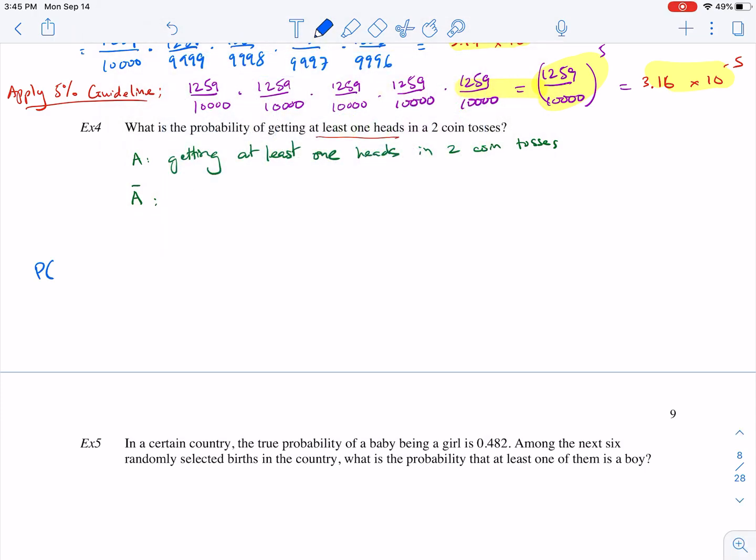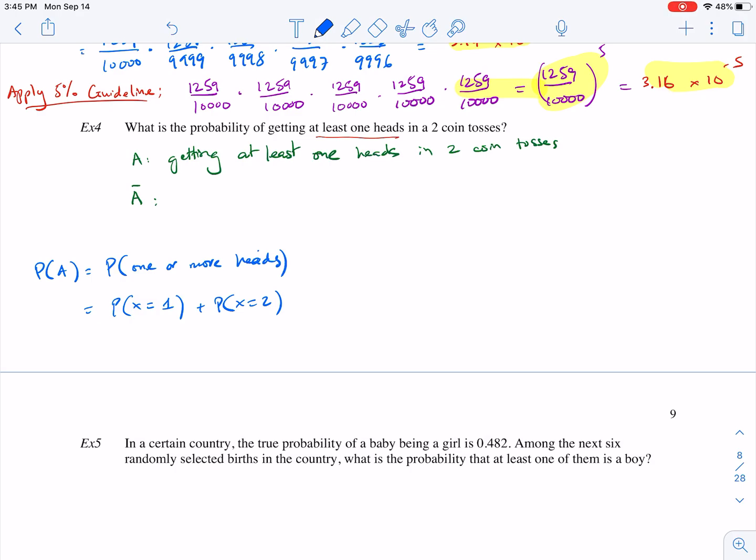That means the probability of event A is getting at least one, meaning one or more heads out of 2. Let's call that X. The probability of X equal to 1, which is 1 heads, or the probability of X equal to 2, which is 2 heads. So you can toss 2 coins and get 1 heads out of 2, or you can get 2 heads out of 2. So this is what we're looking at here.